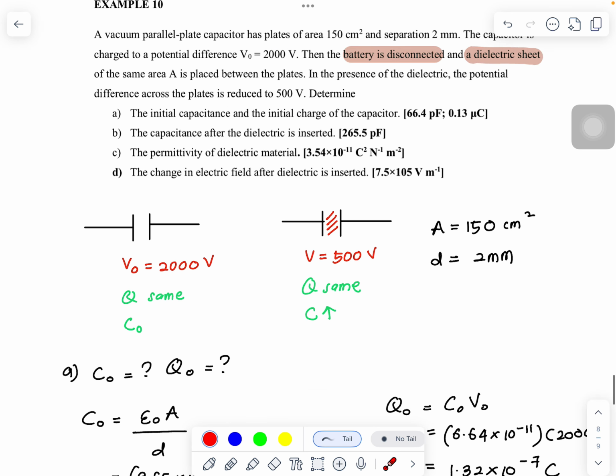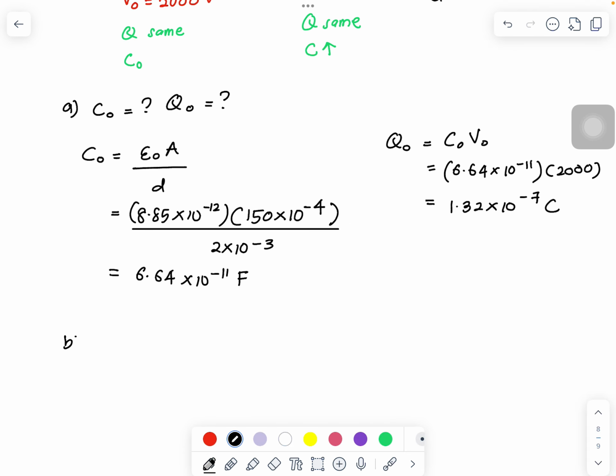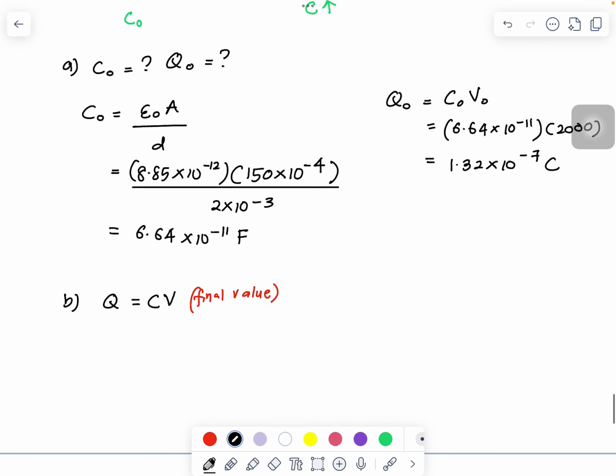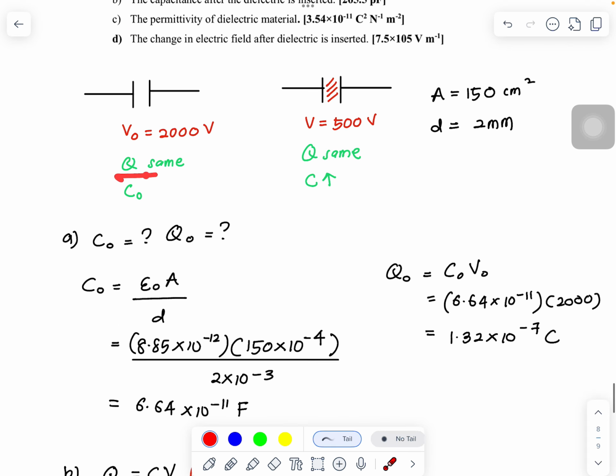Next one, calculate the capacitance after the dielectric is inserted. So kita fokus di sini lah. Kita mau kira C final. To find C final, guna formula Q equal to CV. Boleh juga guna formula yang sama, but make sure value yang kita masukkan tu adalah untuk final value. So since Q remains the same, right, charge yang di sini akan sama lah.